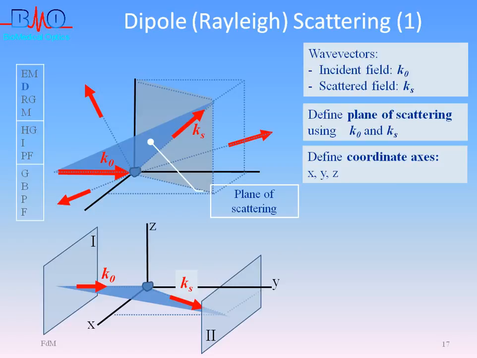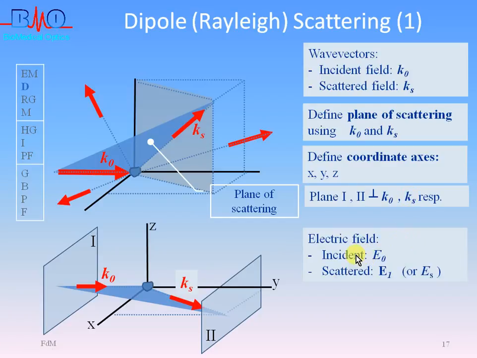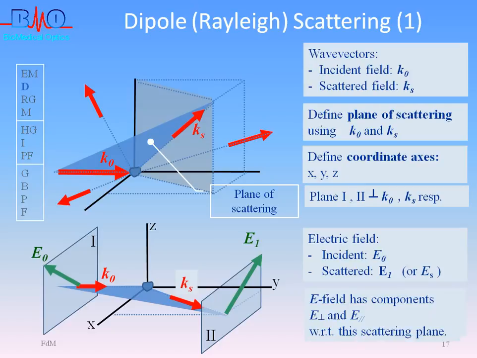Now we define two planes, perpendicular to k0 and ks respectively, and the incident electric field will be in plane 1, and the scattered field will be in plane 2, perpendicular to the wave vectors. And both fields will have components in the perpendicular and in the parallel directions, as is seen here.